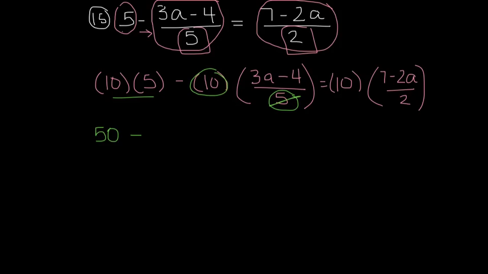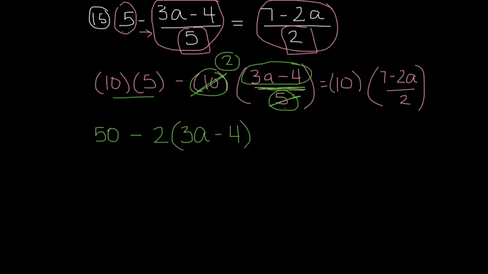So this 5 will completely cancel out, and this 10 will become a 2, because the fraction bar means divide, so I took 10 divided by 5 to get 2. This becomes then minus 2. Okay, so that 2 is there. And then the numerator, I didn't touch. So nothing changed about that numerator, so I will keep it as 3a minus 4.